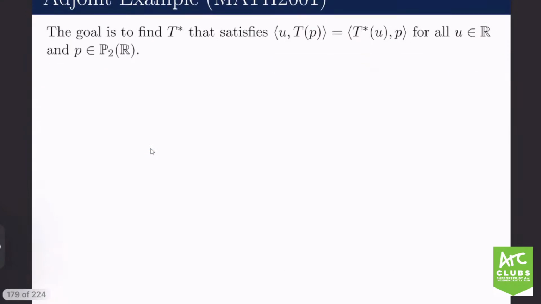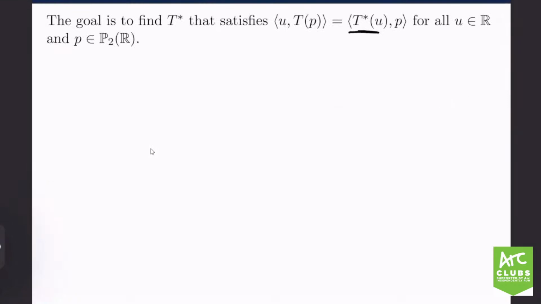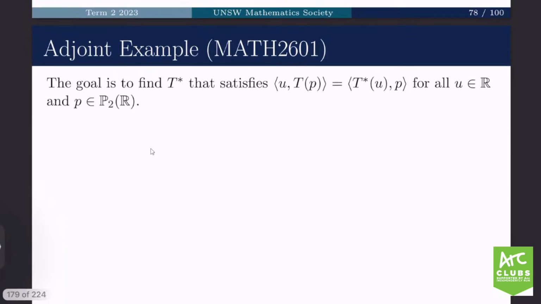In order to do that, all we need to do is find the linear map T star such that the inner product between u and T of p equals the inner product between T star of u and p, for all u real and p in our quadratic polynomials.